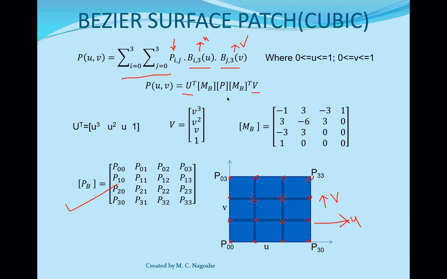Now P is the point data. What is MB? MB is the blending function matrix, which we already derived for the Bezier curve. So the same matrix MB I have to use, and of course I have to use two blending matrices, one in one direction and one in the other direction. This is the U matrix and this is the V matrix. U varies from 0 to 1, and V also varies from 0 to 1 in the other direction.